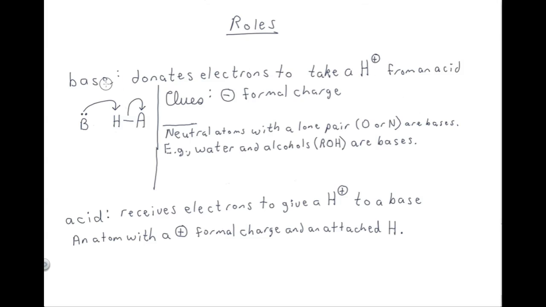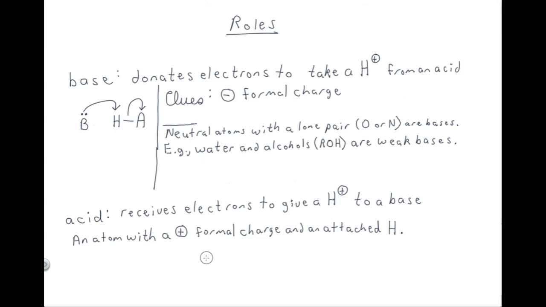A strong base is something that is very eager to take a proton, whereas a weak base is something that is less eager to take a proton. So water and alcohols would be classified as weak bases. Neutral water and neutral alcohol are weak bases. They can take a proton, but they're less eager to take a proton than a strong base would be. So you should know that these are weak bases.